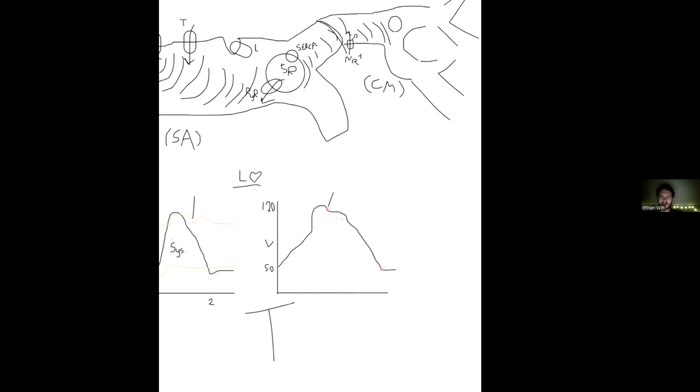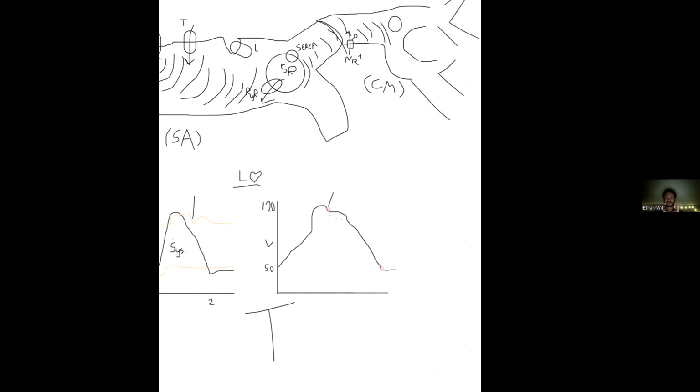And then eventually the blood rushes out of the ventricle back up through the aorta, through the semilunar valve, aortic semilunar valve, and down through that aortic artery, where it can then feed the rest of the body.